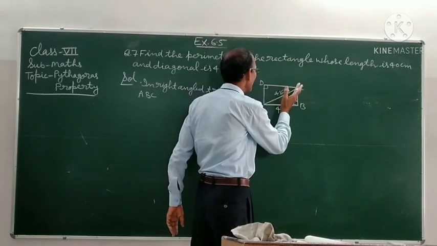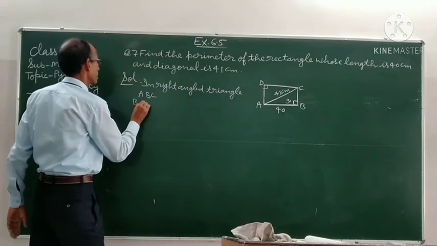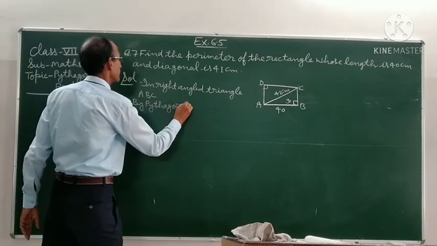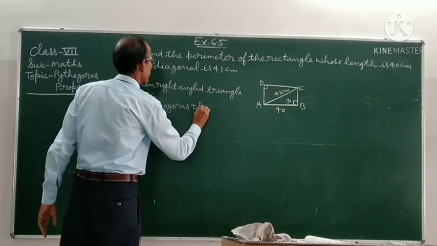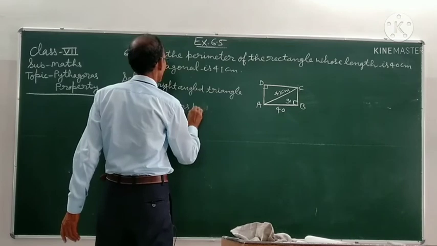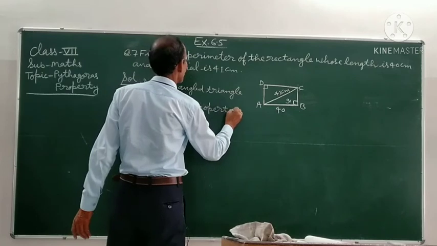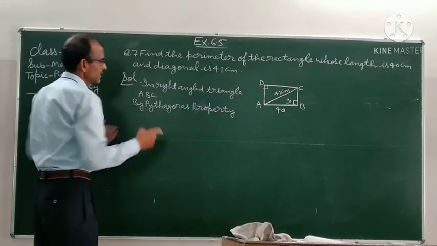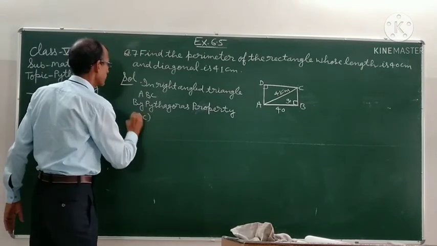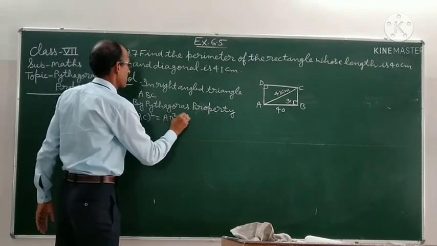So by Pythagoras theorem, AC square is equal to AB square plus BC square. Square of hypotenuse means square of AC.